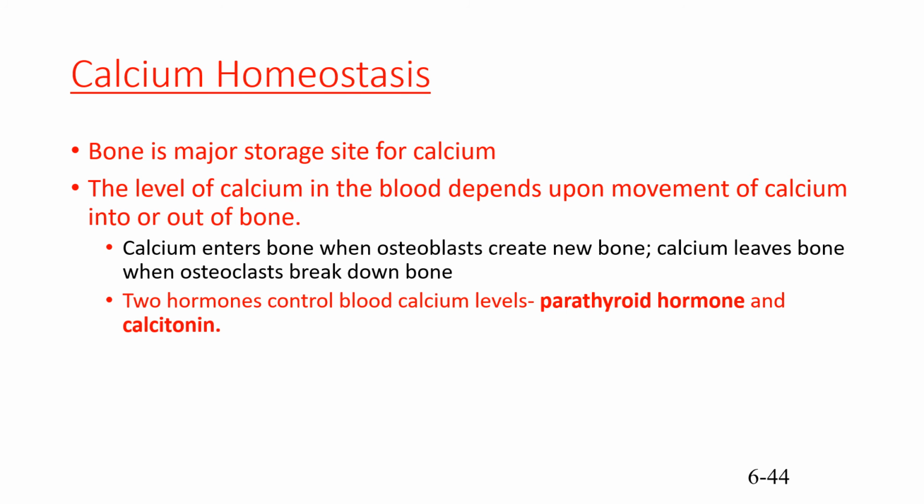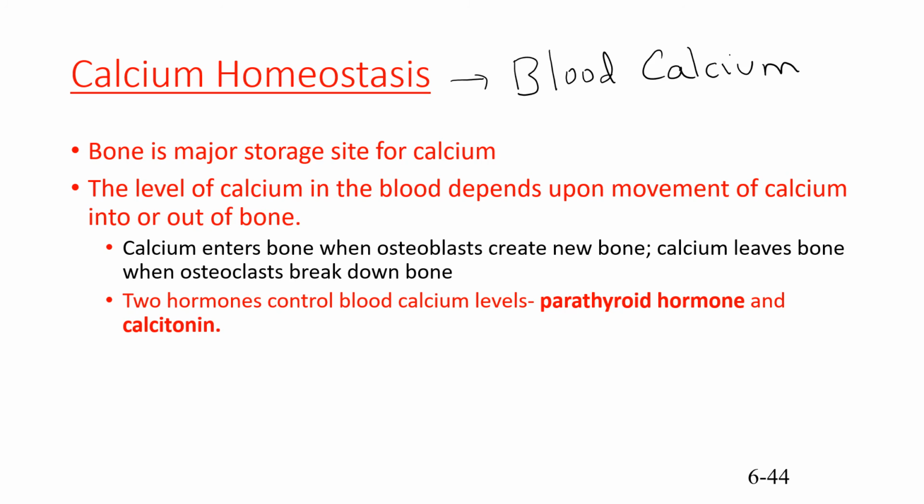Calcium homeostasis refers to the levels of calcium in the blood. Calcium is needed by other body systems for their normal function. For example, the nervous system and the cardiovascular system need calcium for their normal function.